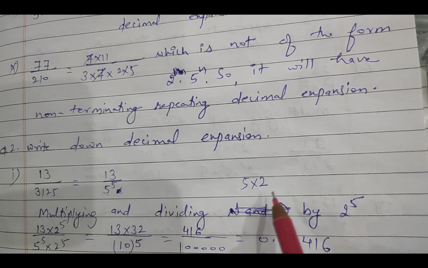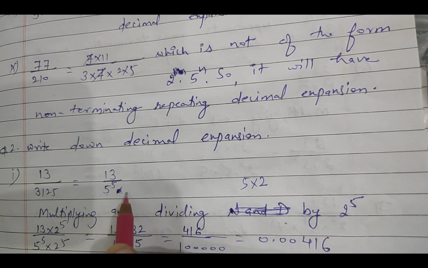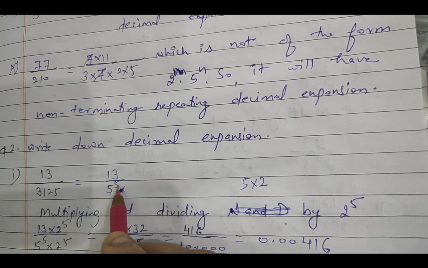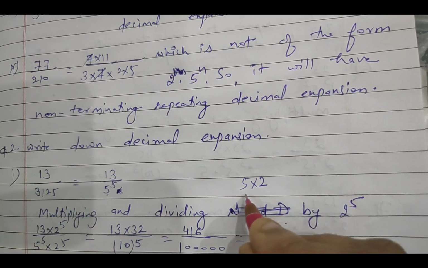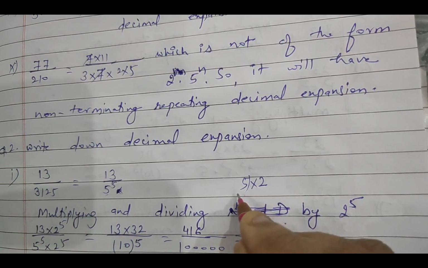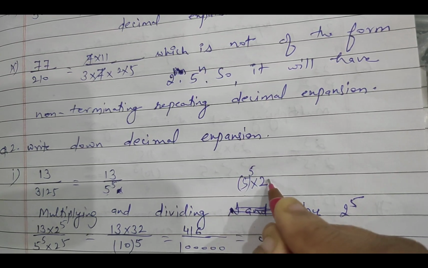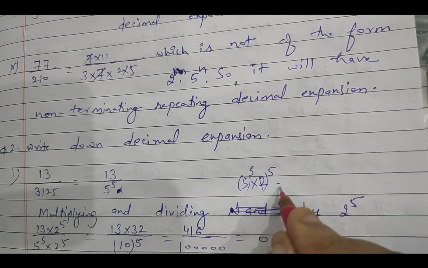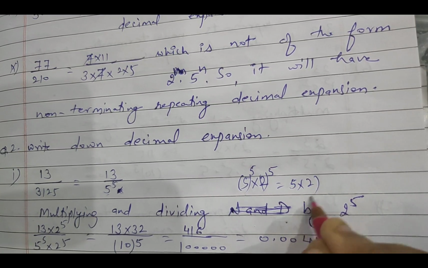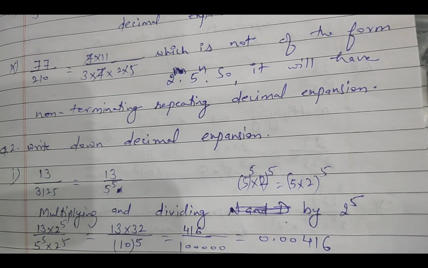But here you can see I don't need to make only one 10. 5 raised to power 5 is there. So how many 10s do I need to make? 5 times. So if it is 5 raised to power 5, then I must multiply this with 2 raised to power 5 so that it becomes in this form, right?